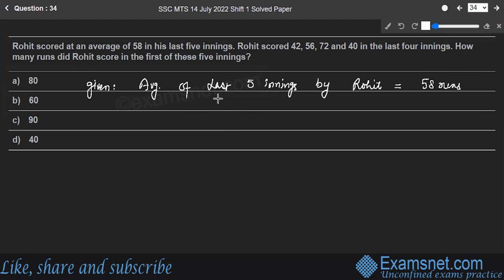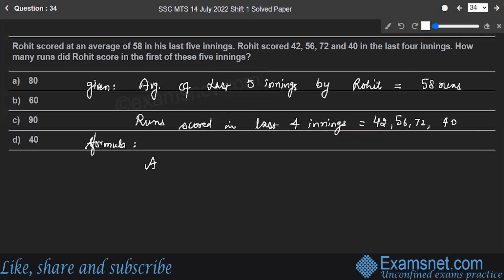Also, runs scored in the last 4 innings are 42, 56, 72, and 40. Right? So before going with the solution, let's discuss the formula. Also, you know, average is equal to sum of observations divided by number of observations, right?